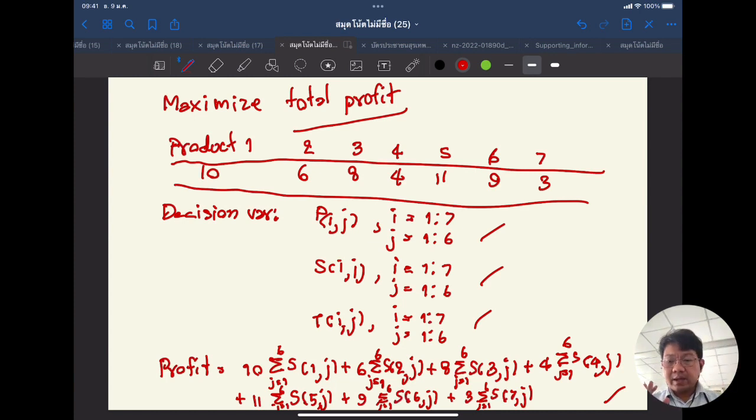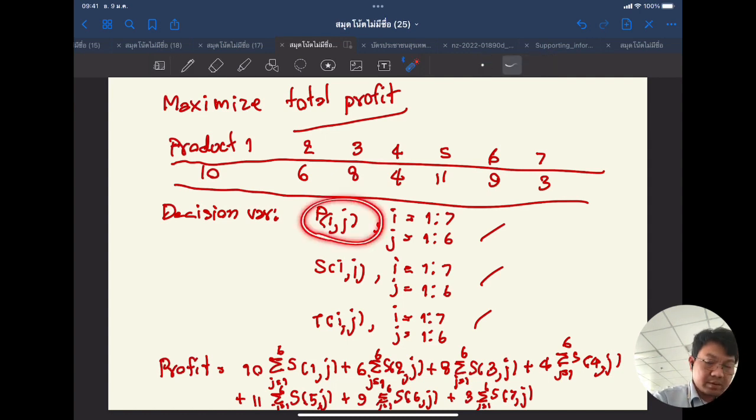We have decision variables, 2, 3 decision variables, right? P, S, and T. For T, of course, it doesn't involve here. It is stock, and of course, it is not finished yet. So sorry about that. We have P, which is production. Anything we produce each month, of course, we don't have to sell at that month.